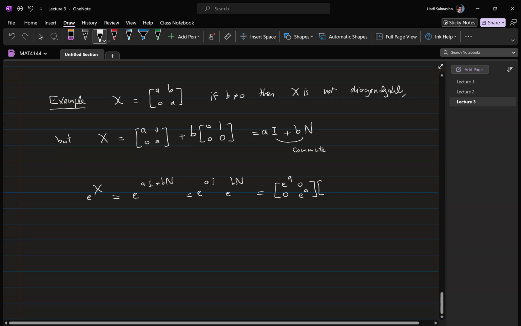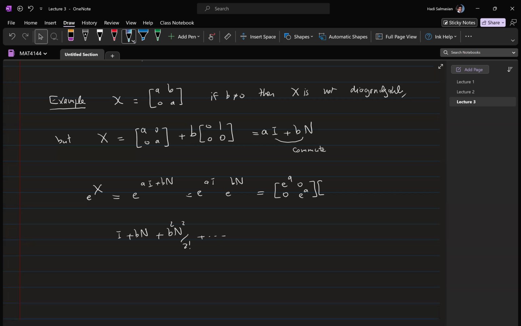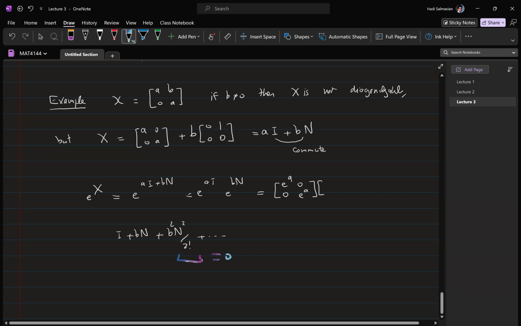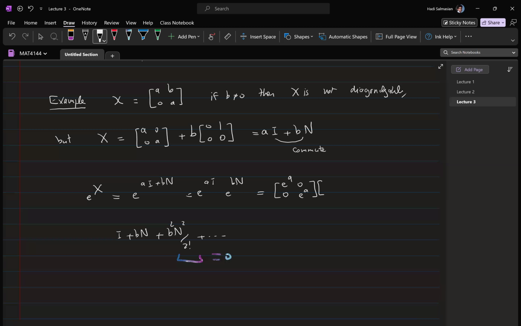This is 1 plus bN plus b squared N squared over 2 factorial plus and so forth. But starting from here even, I get 0 because N squared is 0. Because N is a nilpotent matrix of order 2. You can easily check. So you end up with the matrix 1 plus bN.